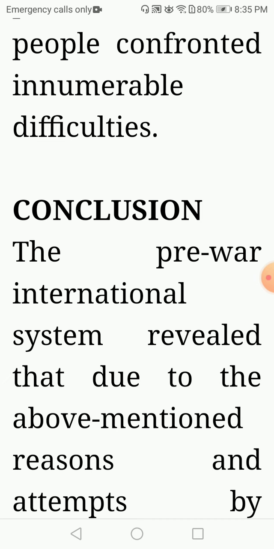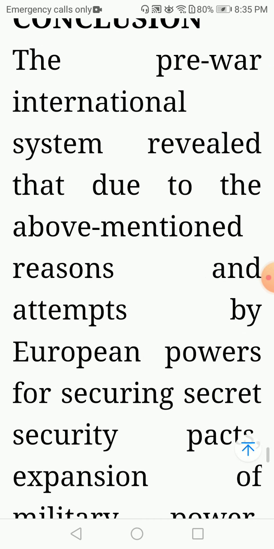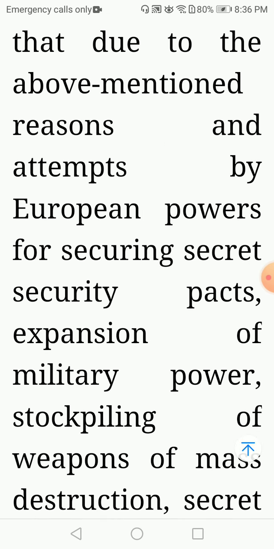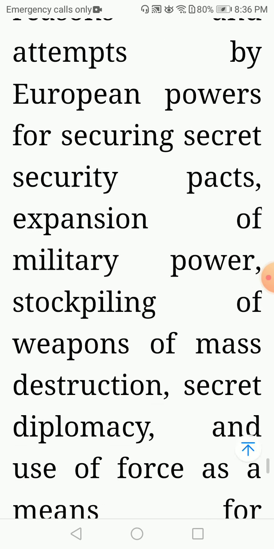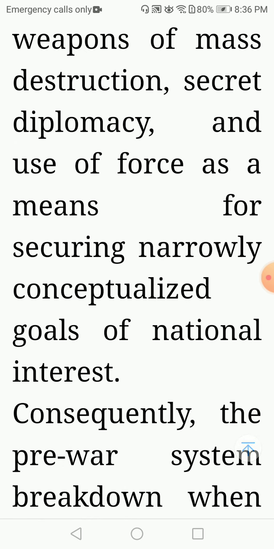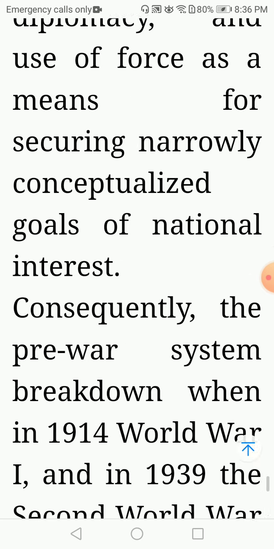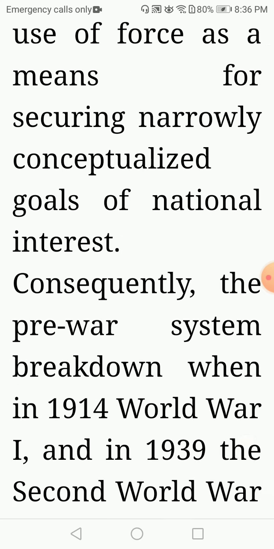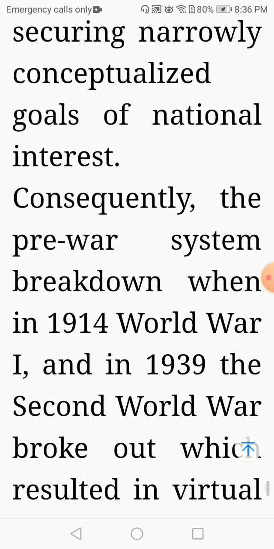Conclusion: The pre-war international system revealed that due to the above-mentioned reasons and attempts by European powers for securing secret security pacts, expansion of military power, stockpiling of weapons of mass destruction, secret diplomacy, and use of force as a means for securing narrowly conceptualized goals of national interest.